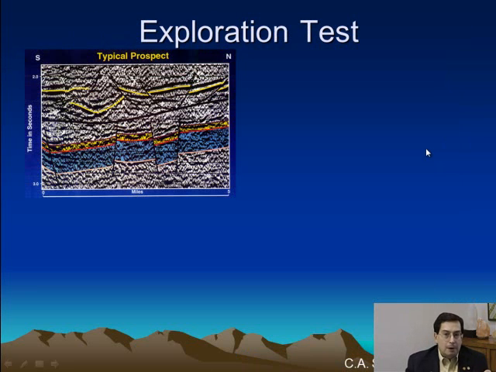And so, knowing this, we can use several examples. Let's look at some seismic examples, and here is a very nice horse block on seismic. This is a typical prospect in the Arkoma Basin.